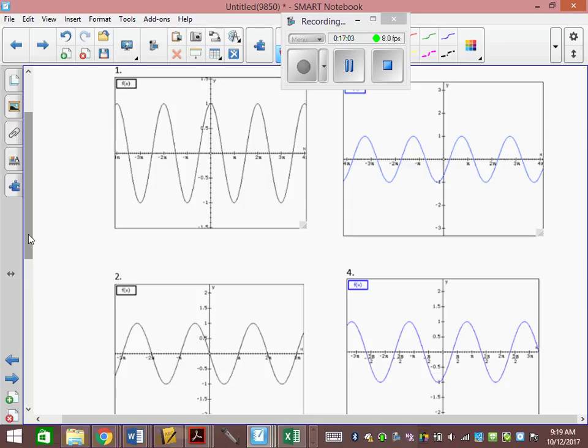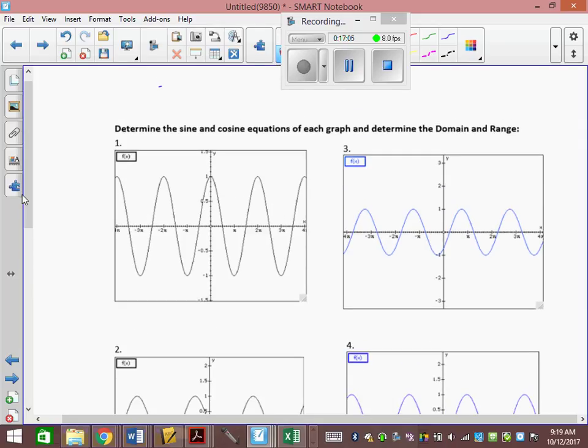So 2 and 4 we'll leave for now. So they want us to determine the sine and cosine equations of the graph and determine the domain and range. Okay? I told you that that's going to get you 4 equations. It's going to be a positive sine, positive cos, negative cos. So we'll go through the coses first, and we'll do the sines after. So we're going to do the coses first for both graphs. Then we'll come back and do the sines for both graphs.